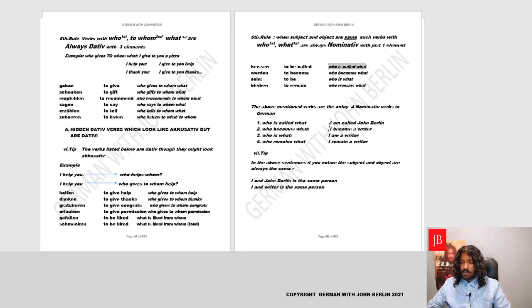When I say I'm called John Berlin, the question is who. It requires a person who's called, and a person what he's called. So basically it requires a name and a person. But both belong to the same person. I and John Berlin are the same person, so we count them as the same.